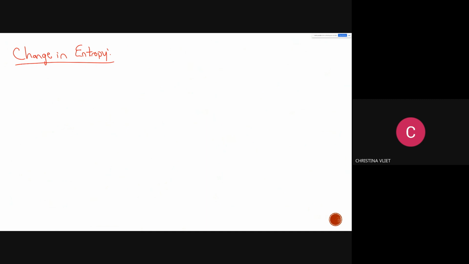And so what you have to remember is that if entropy increases, delta S is what sign? If entropy increases in your system, what is the sign of delta S? You should know this, positive. And if entropy decreases, what is the sign? Delta S is negative. Okay?